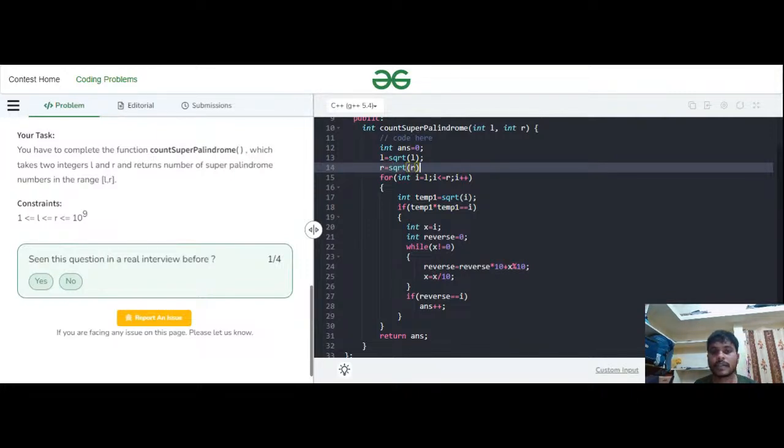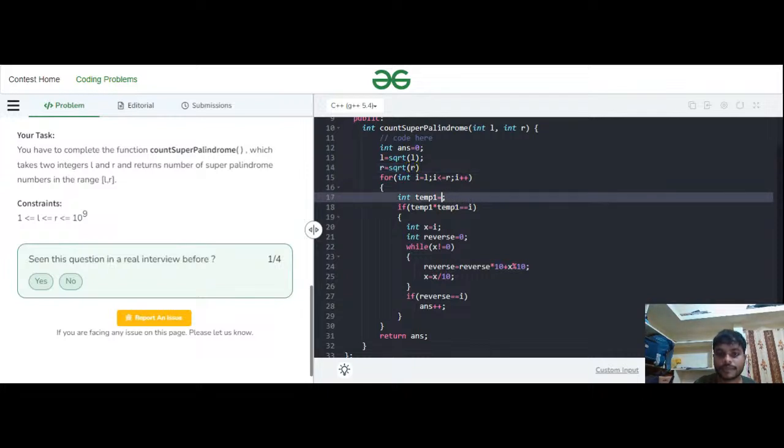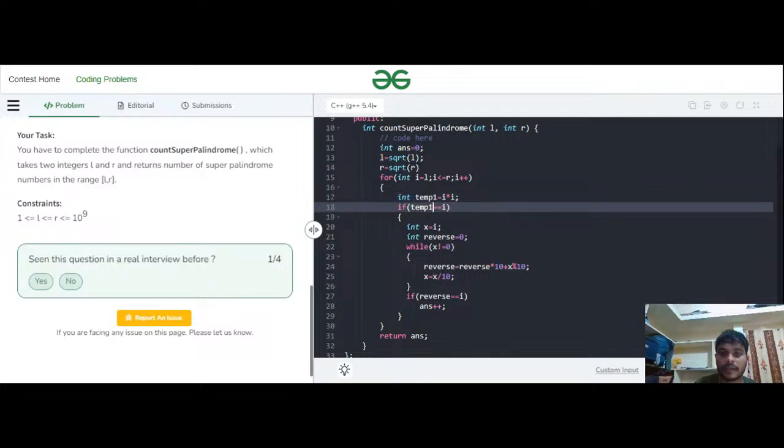Okay. Now guys, here this is I into I. Now temp 1, it is a square, right?